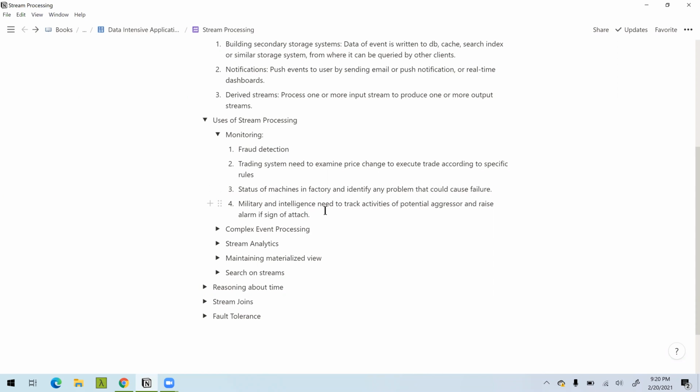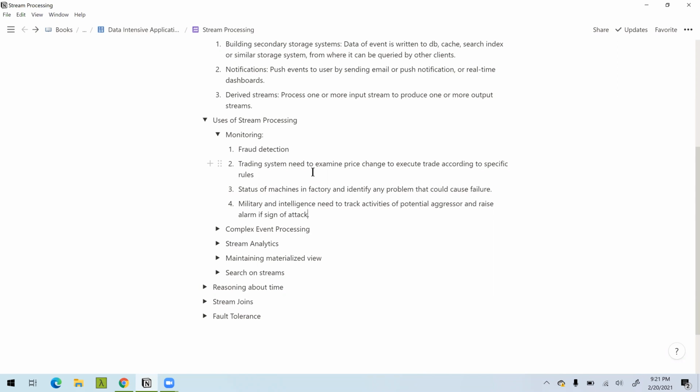So monitoring is one of the uses of stream processing, and I think it's not mentioned in the book, but if you have your service running, then you are continuously monitoring your service for particular metrics, and if you see that your metric is not behaving as it should be behaving, then you will create alerts.